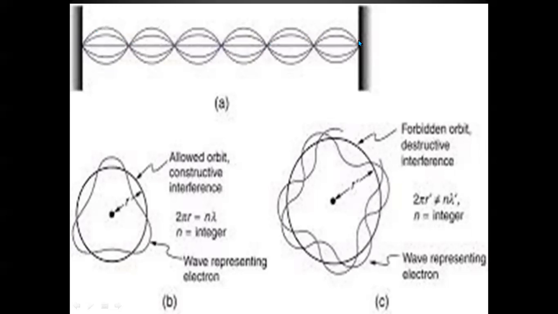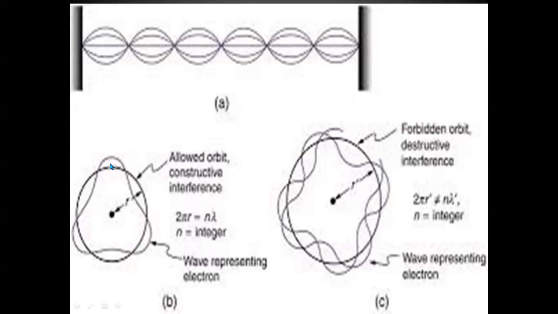Now you have to imagine this situation for an electron moving in an orbit. This is the orbit of an atom. This is the nucleus of the atom, and this is one of the orbits of the atom in which electrons can revolve around the nucleus.